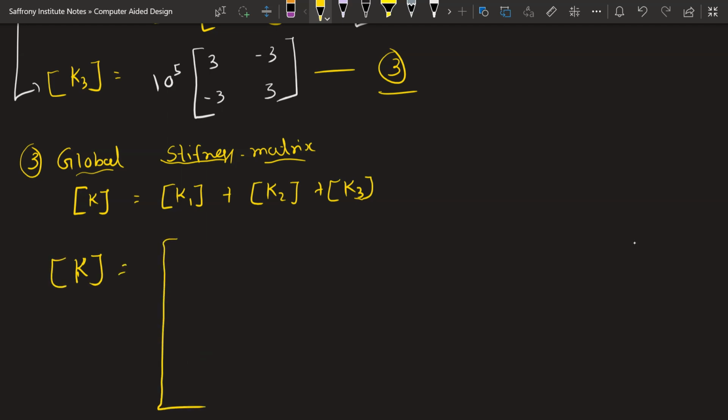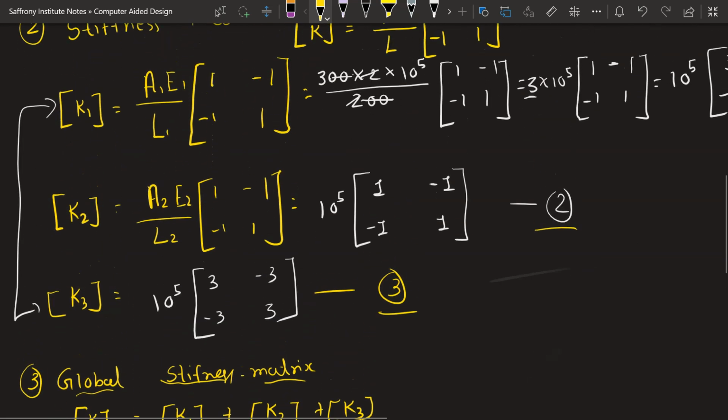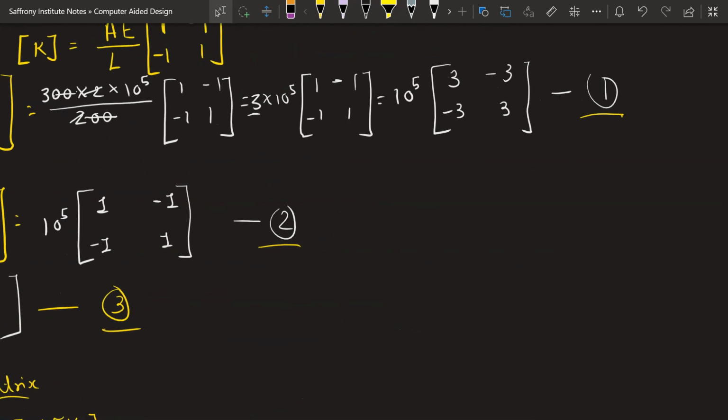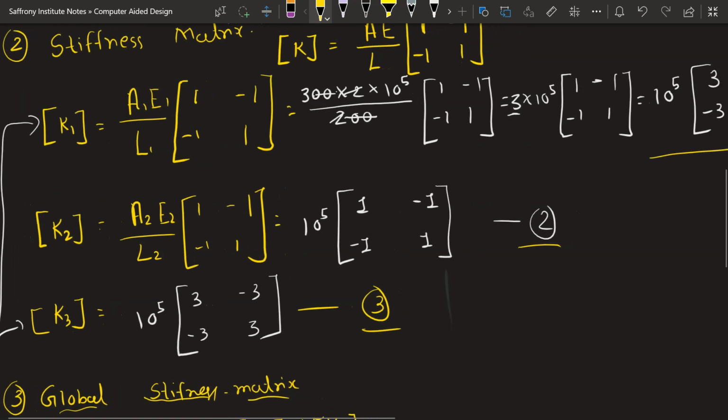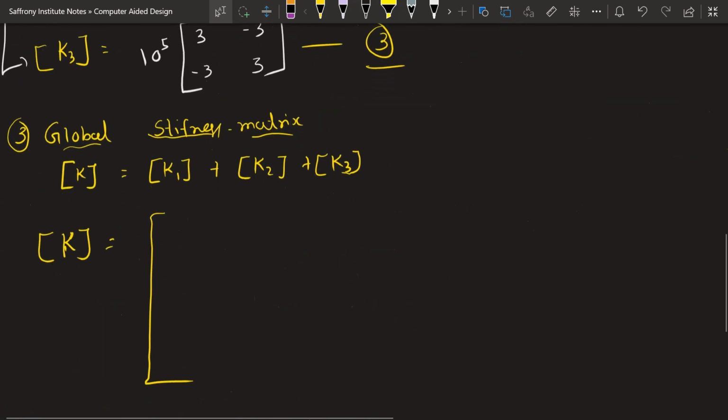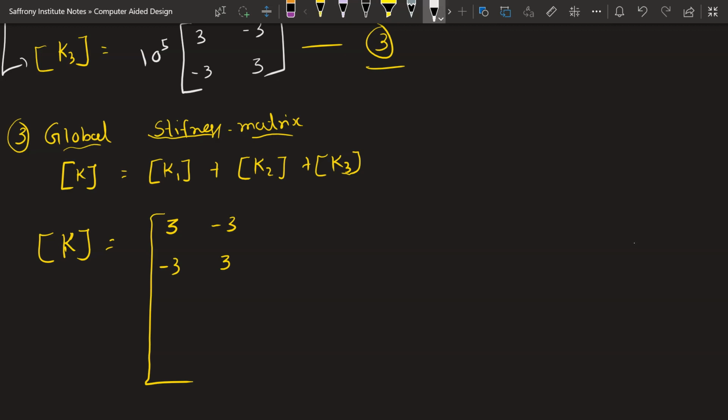bigger. Now what we'll do, the answer we have received from here, this one, we'll put in the extreme upper corner. How? It will be 3, minus 3, minus 3, 3. Okay, this is the stiffness matrix for 1. Another stiffness matrix we will put here, plus 1. Which one?